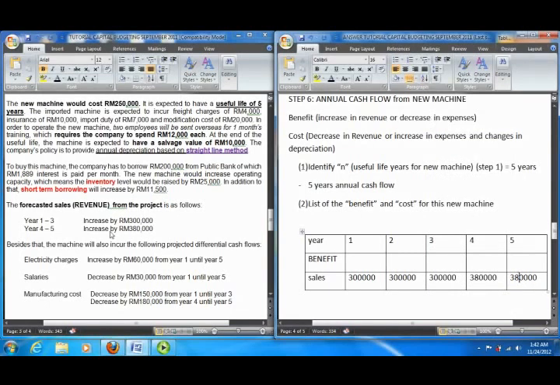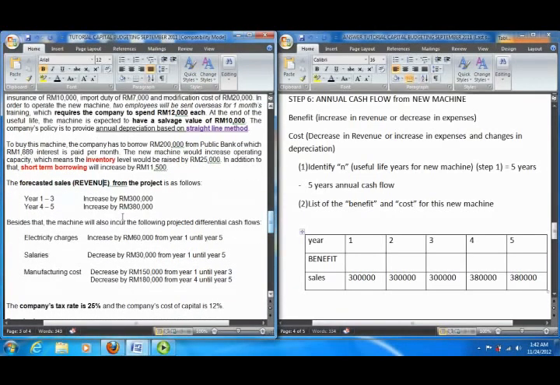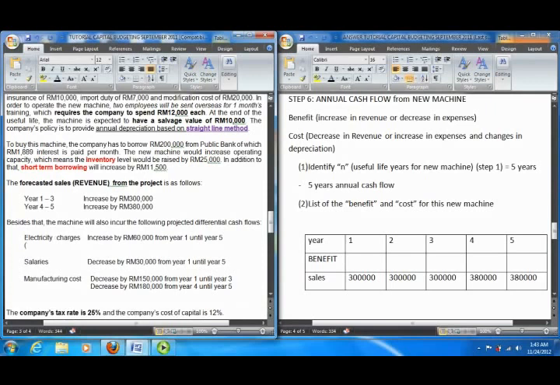Class, next, you need to find the benefit first. Alright, so the benefit here, again you see, beside that, the machine will also incur the following differential cash flow. As you can see, electricity increase. Can I know what is electricity charge, class? Is it expenses or revenue? Yes, it is expenses. When it involves expenses, correct? So is it an increase? It is an increase, correct? So is it classified as benefit? No, it is cost.